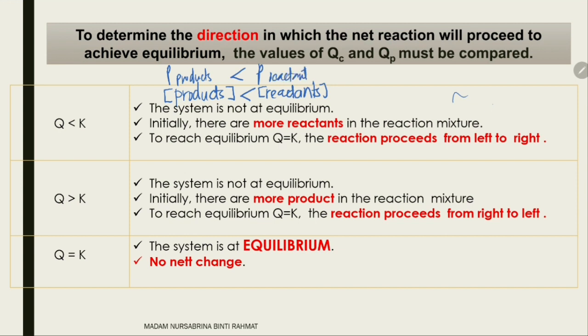Since we have more reactants, if we draw a seesaw, the reactant side will be the heavier side and the product side will be the light side.